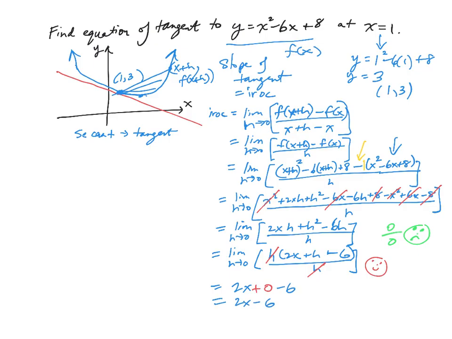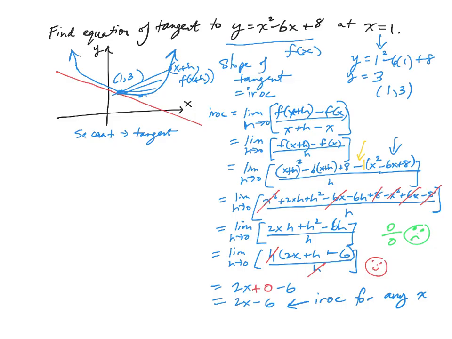Now this is the first time we've done this, so it'll seem a little bit weird, but this is actually the instantaneous rate of change for any x. In other words, this gives us a nice little formula to determine the IROC for any x that we have. And you'll see that it's very, very important for what we're going to be doing for the next month.